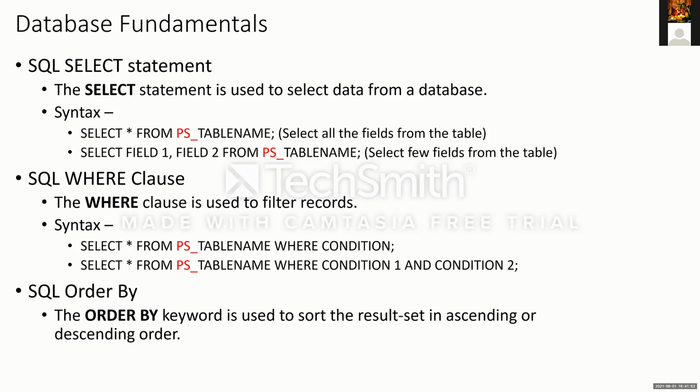So in a normal select, if the database already has the data, you will have to fetch someone from the table. So what you will do in PeopleSoft is you are going to execute this query: select star from PS underscore table name.